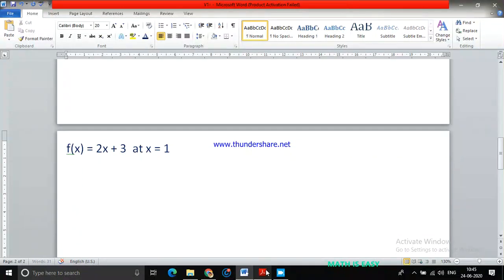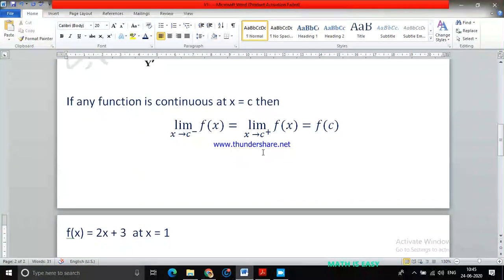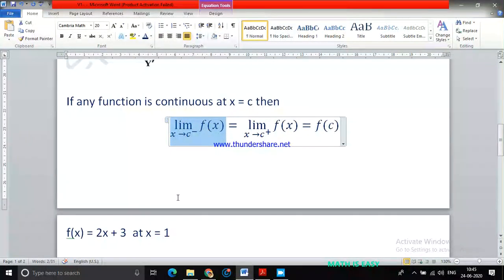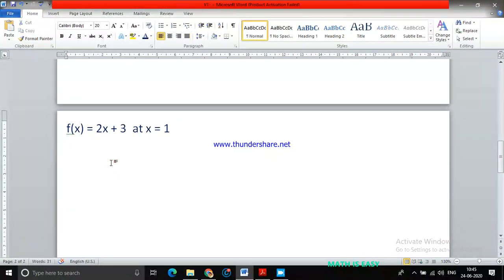To check this, first I take the limit as x tends to 1 minus. The function will remain the same, 2x plus 3, because left of 1 or right of 1, it is going to be the same.